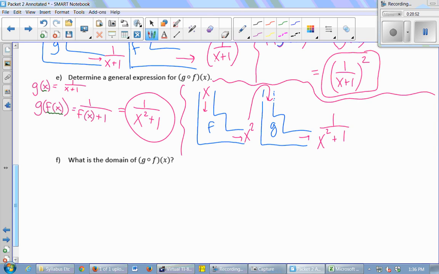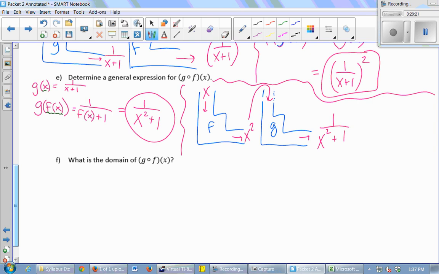It will never jam. Is there anything that could jam the g machine? Negative 1. So what I have to make sure of is that f can never produce a negative 1. If the f machine outputs a negative 1, it's going to get fed into the g machine, which would jam.